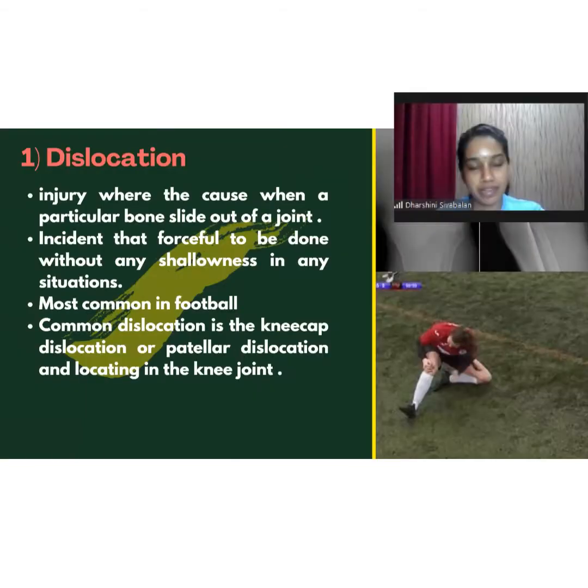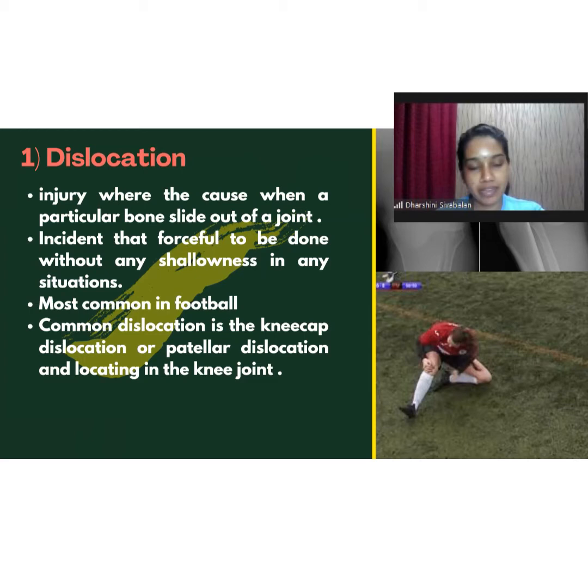As for the first common injury found in a football game, dislocation, what is dislocation? Dislocation is an injury when a particular bone slides out of the joint. So basically it can happen at any joint of the body. How does dislocation happen?